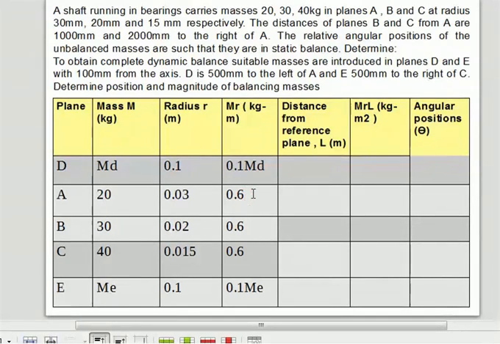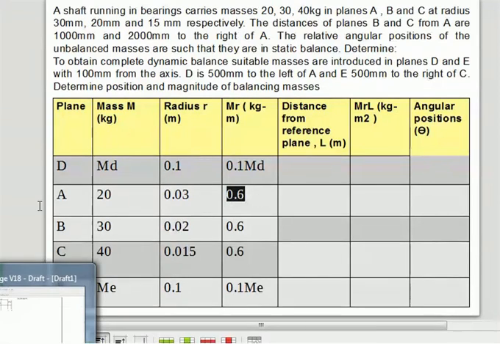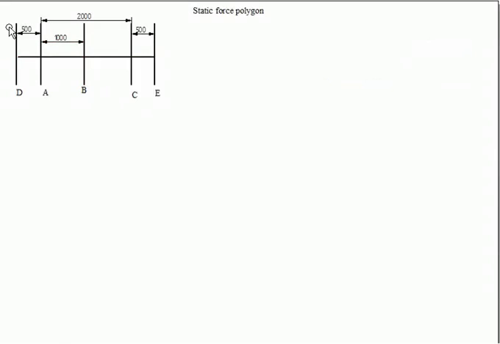So I will construct the first line inclined at 0 degree and having dimension 0.6. The length of the second line is also 0.6 again, but its inclination is unknown.